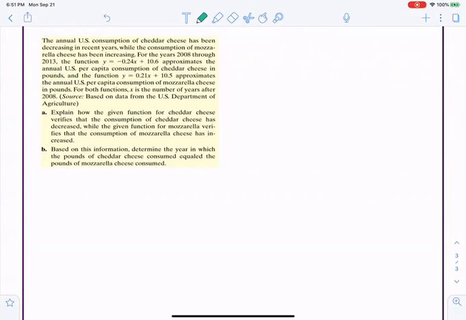So for the years 2008 through 2013, the function y equals -0.24x plus 10.6 approximates the annual per capita consumption of cheddar cheese in pounds. And the other function, y equals 0.21x plus 10.5, does it for mozzarella cheese.